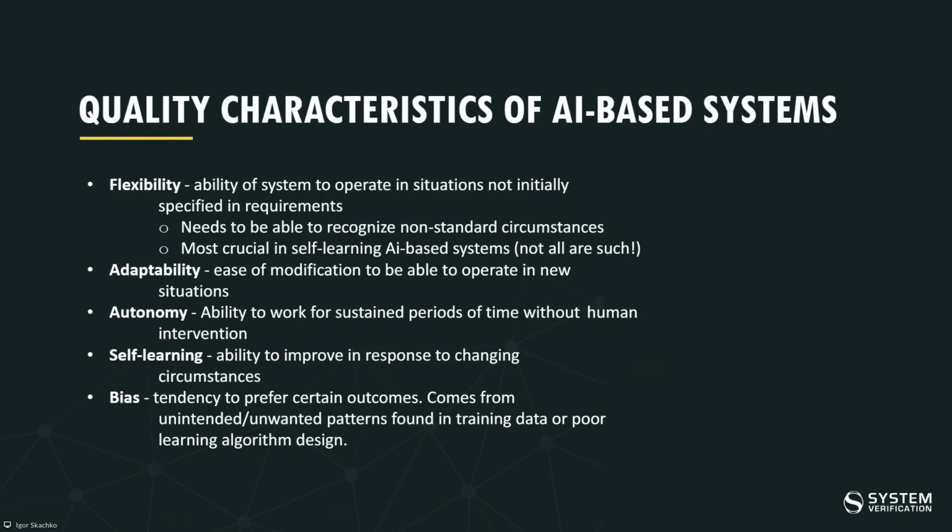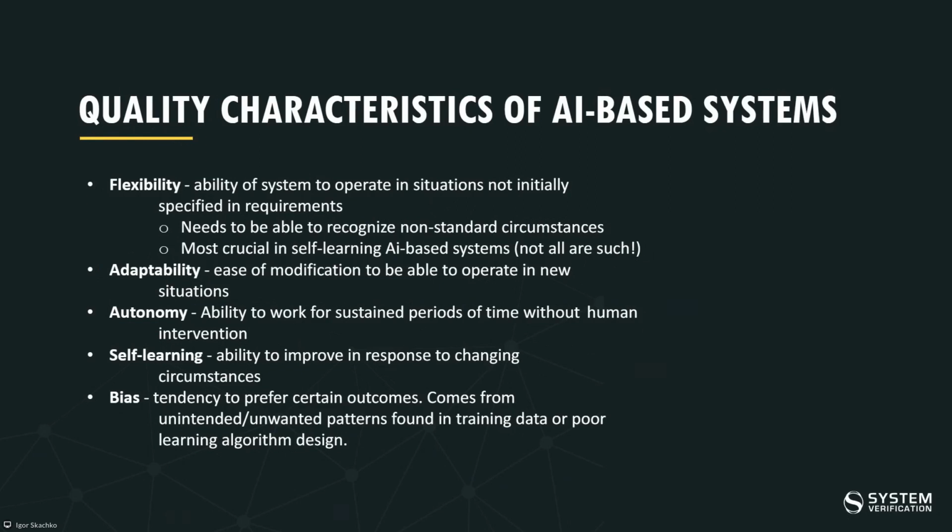And when it comes to self-learning systems, the self-learning quality characteristic, or evolution as it's sometimes called, basically characterizes the ability to improve in response to the circumstances. And the bias. Bias is a very hard to grasp but very impactful characteristic.